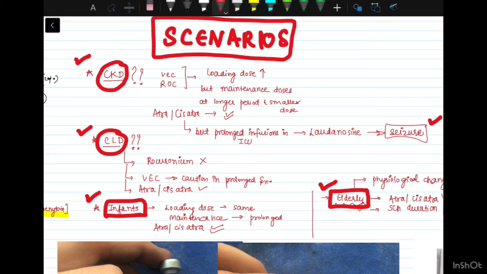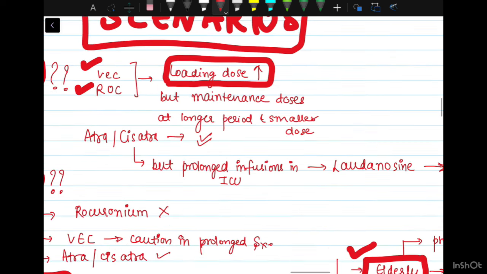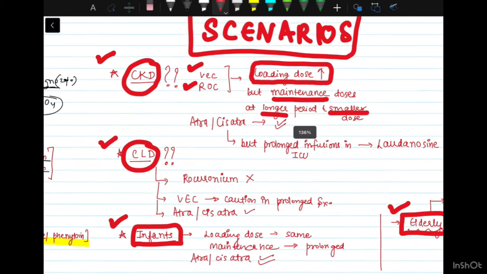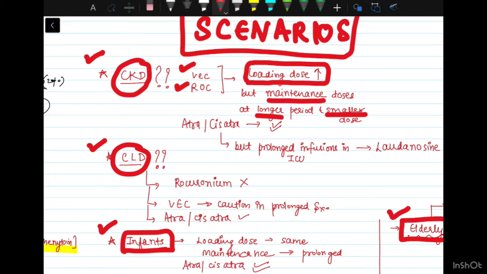Now the clinical scenarios: CKD. In chronic kidney disease, we have a higher volume of distribution, a fluid overloaded state. So the loading dose of vecuronium and rocuronium is going to increase, which is very paradoxical. You usually think that in a CKD patient we won't give vecuronium or rocuronium, but if you want to give them, the loading dose has to be increased, while the maintenance doses have to be given at longer intervals and in smaller doses.